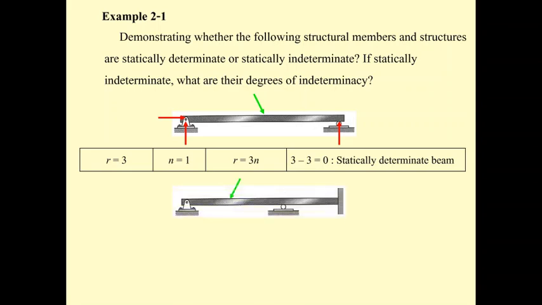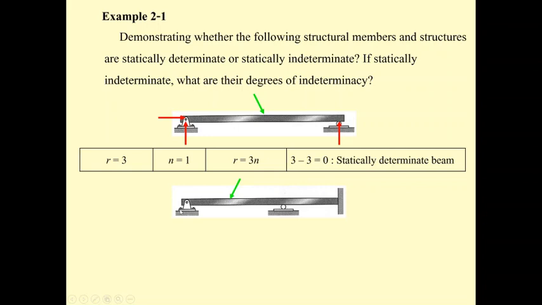Now we have nearly the same beam, but we change how we support it. We change the roller support to be a fixed one, and then we put one more roller here. What's the number of unknown reactions? Pin 2, roller 1, and fixed 3. So it's 3 plus 1 plus 2. The total R is 6 unknowns.